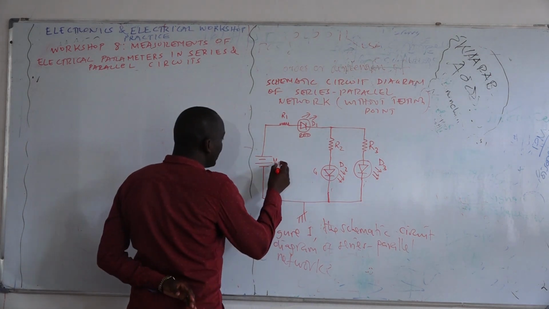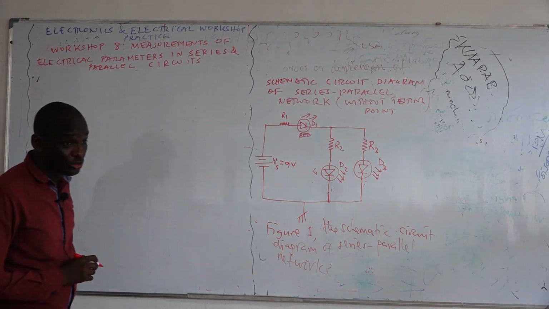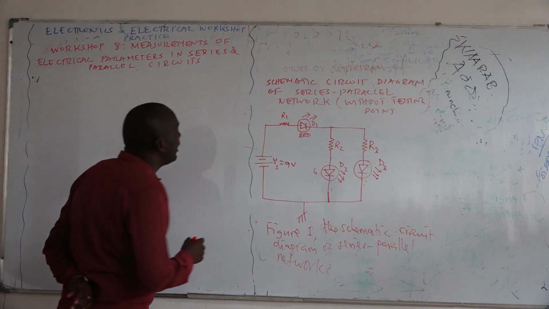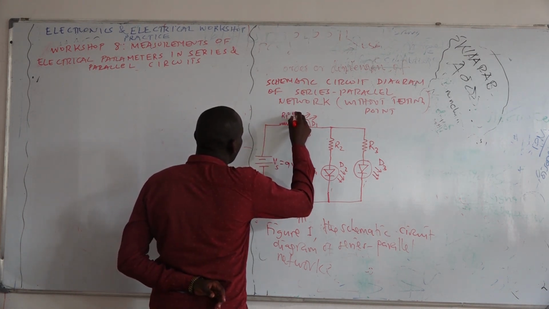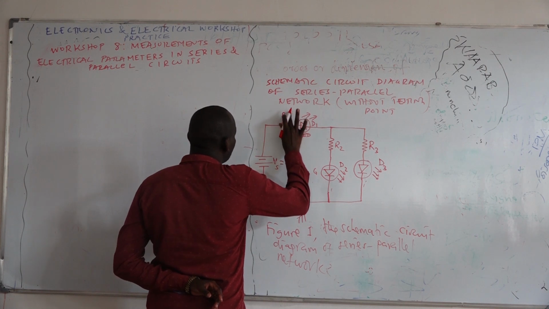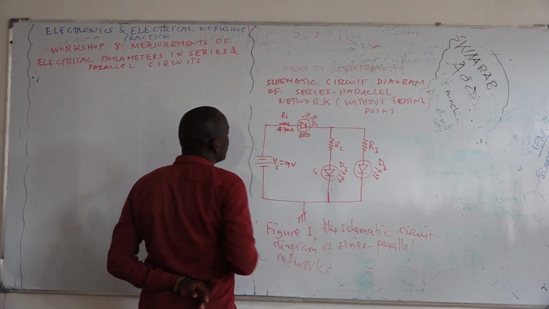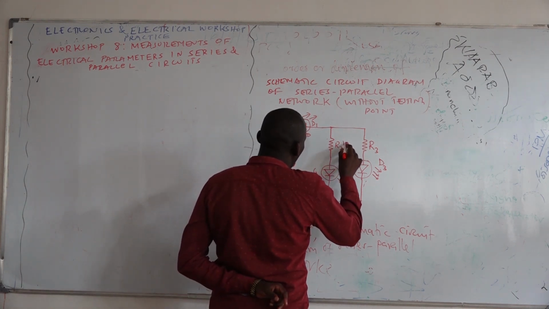So the supply voltage, in order to have values and to do the measurements, that's why I'm trying to be specific. It's 9 volt. And then R1, it's 470 ohm. Then R2, it's 10 kilo ohm.